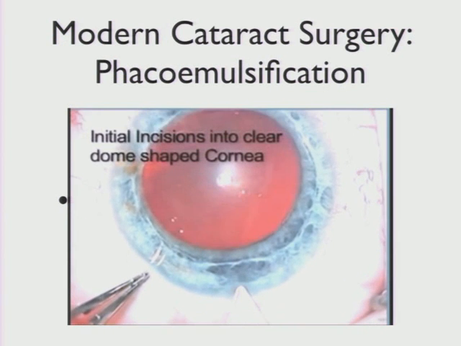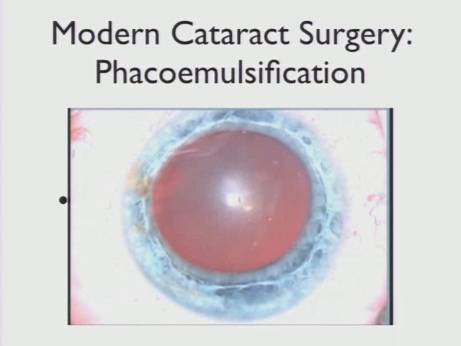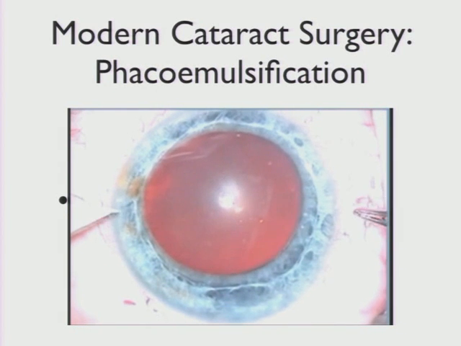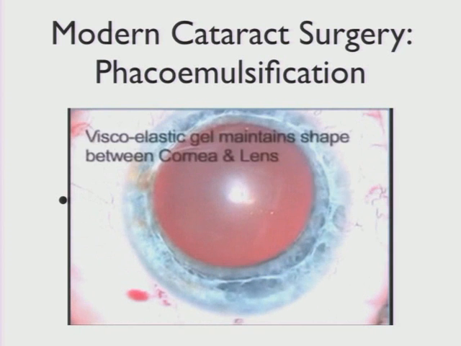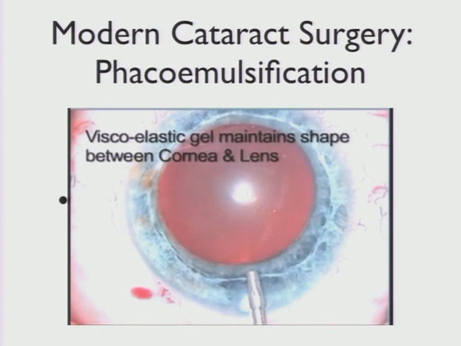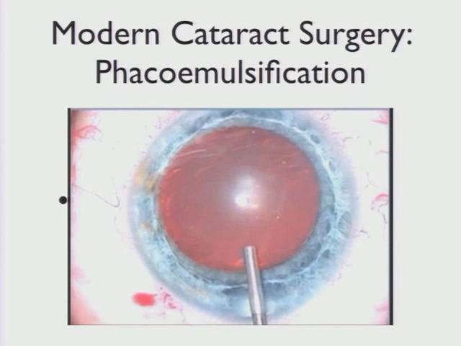Modern cataract surgery is called phacoemulsification, and here's a brief video showing this. We make incisions in the cornea. A jelly is placed within the eye to create a space between the lens, the cataract, and the cornea.